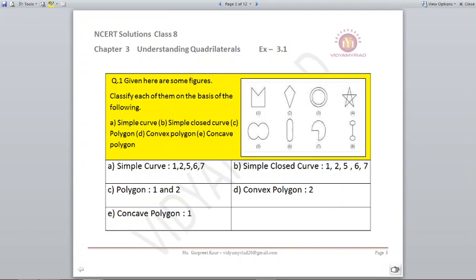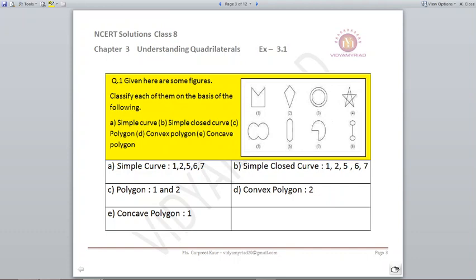There should not be any crossing over it. Simple closed curve is also the same. 1, 2, 5, 6 and 7 will be treated as closed figures. You may be wondering why 4 is not taken over here or why 3 is not taken over here. I have just explained earlier, there should not be any crossing over it. It should be the continuous flow of the dots or the lines.